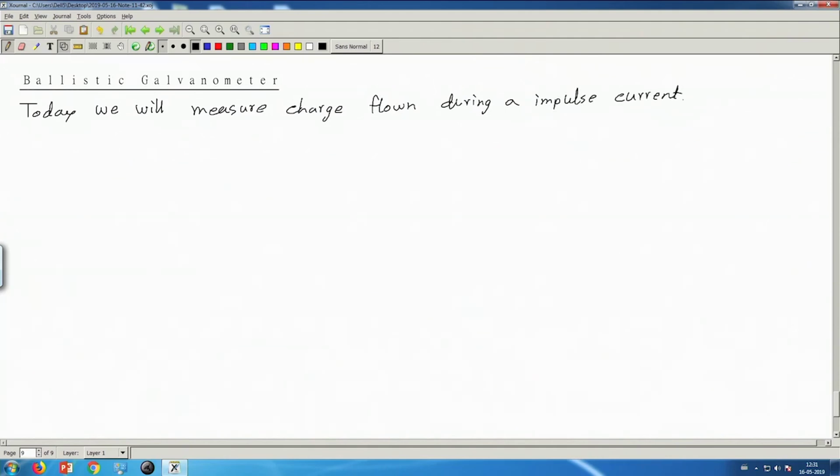Okay. So, what do we mean by an impulse current? Suppose I draw, say, time versus current in any conductor, in any branch of a circuit, with an arbitrary pattern of the current.